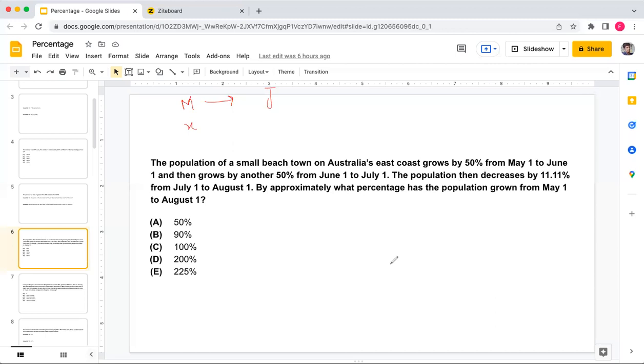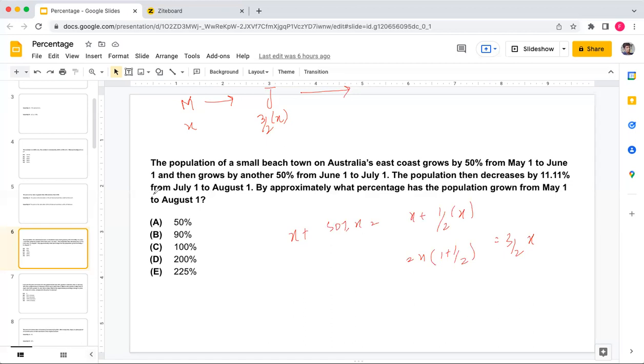So what can I write for an increment of 50% in terms of fraction? Anyone? 1/2. 3/2. Yeah. We have X plus 50% of X. That is X plus 1/2 X, X into 1 plus 1/2. That is 3/2 X, right?